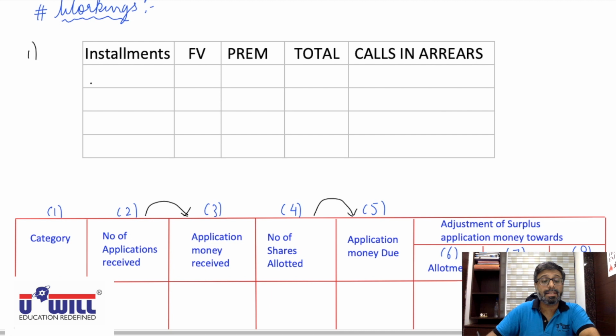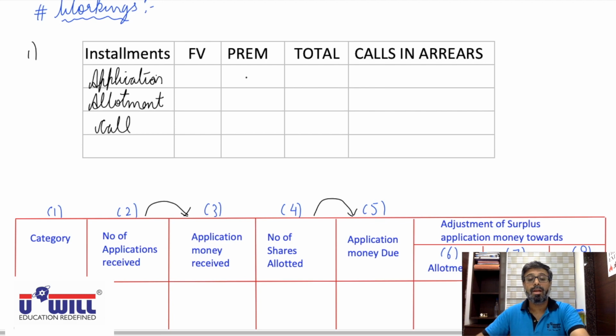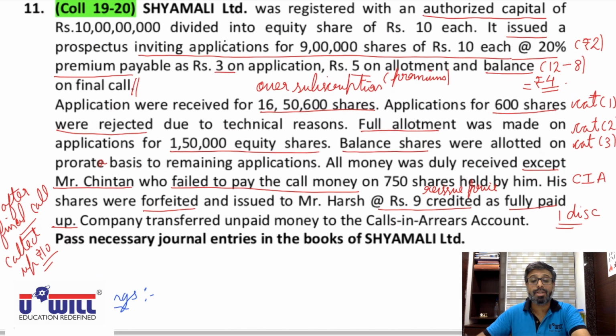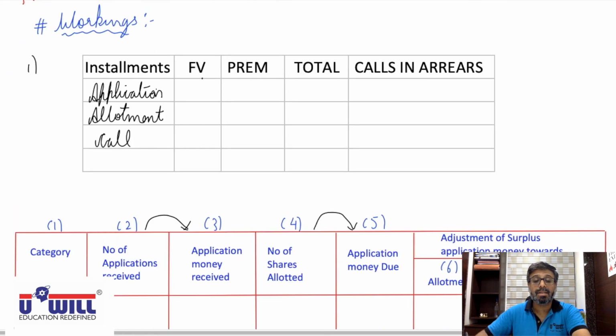So I hope everyone has done the columns. Now in installments, write down application, allotment, and call. Only 3 installments are there: application, allotment, and call. Now how much are the amounts? Application you all can see is 3 rupees. So 3 rupees plus no amount of premium, total 3.